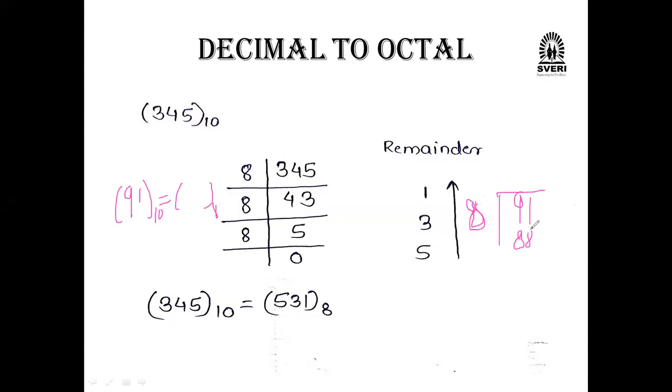Sorry, 8 into 11 you have to use. 8 into 11 is nothing but 88. 91 minus 88 is nothing but 3. 3 is the remainder left here now. So 8 into 1 we can write. 8 into 1 is nothing but 8. 11 minus 8 is nothing but 3. So what is the answer here now?